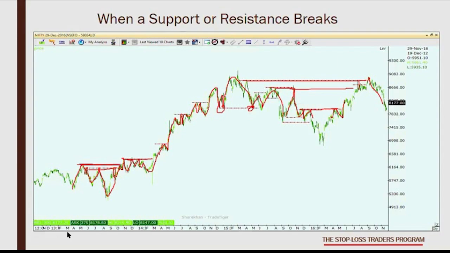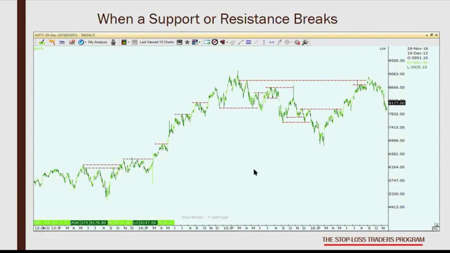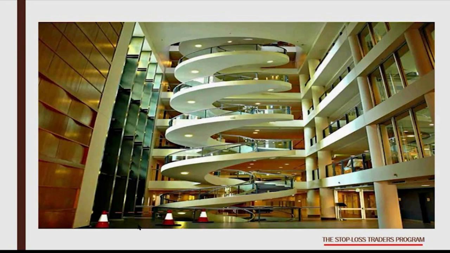So at a point where the resistance is being created, what happens there? Before price hits the resistance, price is moving up, right? That means in this entire rally, there are more buyers and fewer sellers, right?